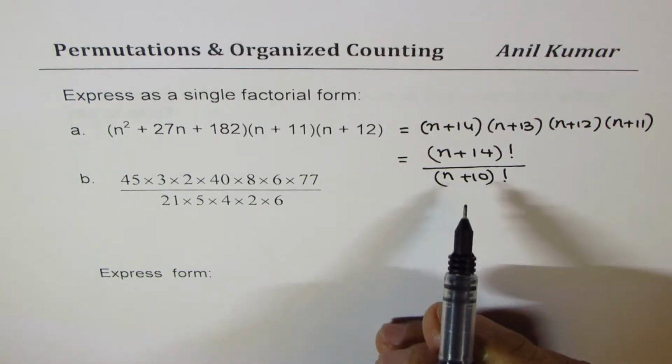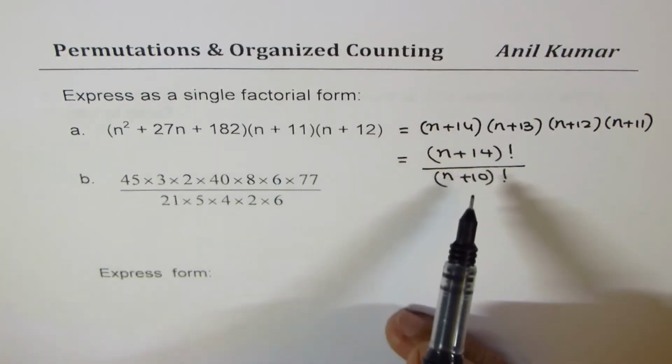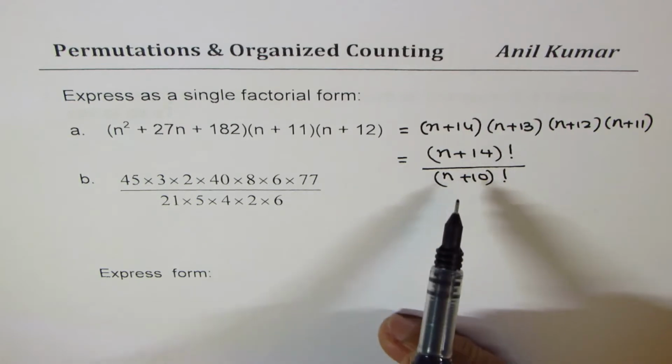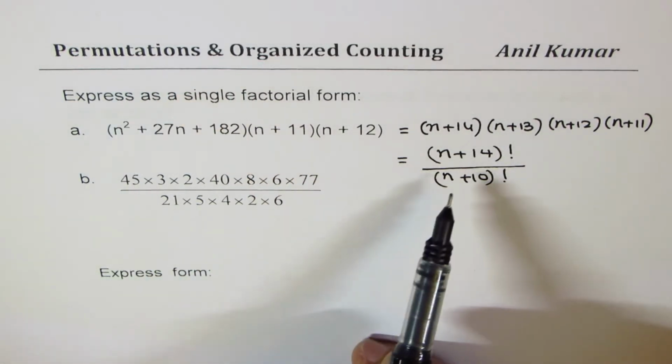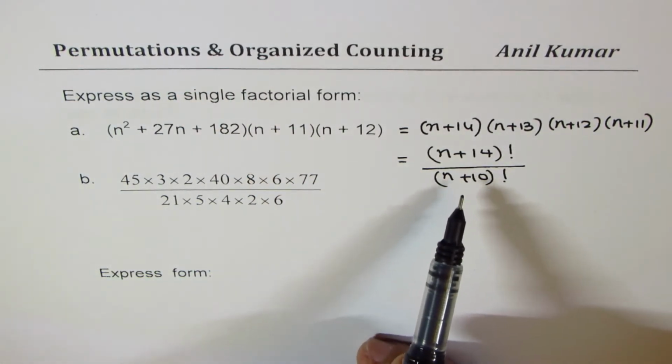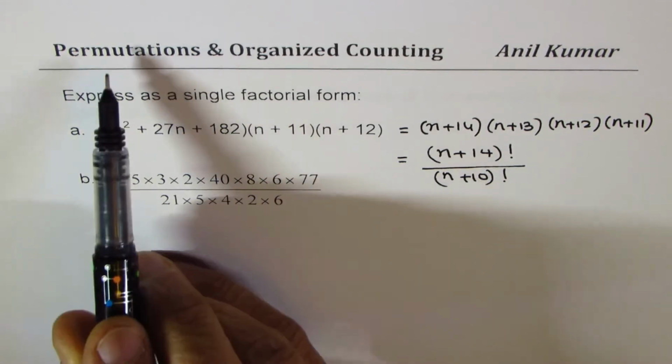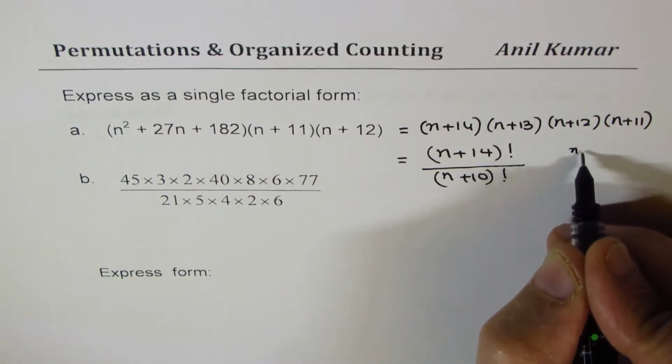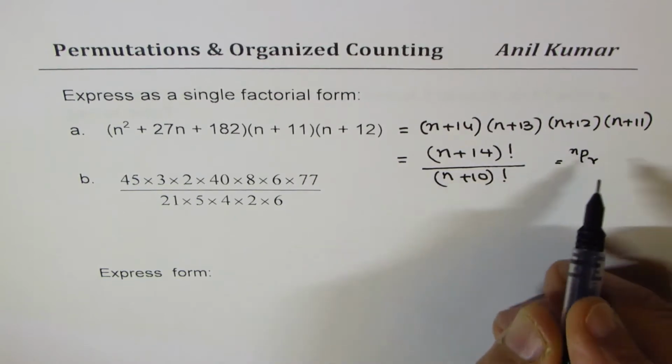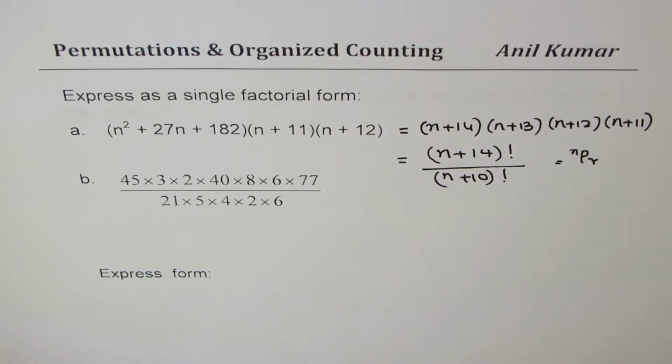So that becomes the factorial form of the given expression. Now I'd like you to write this in permutation form. Is that clear? So try to write this factorial form into permutation form, that is nPr form, right? So let this be the exercise for you.